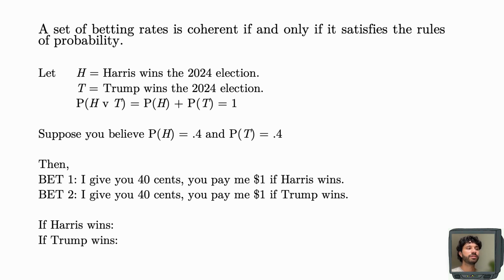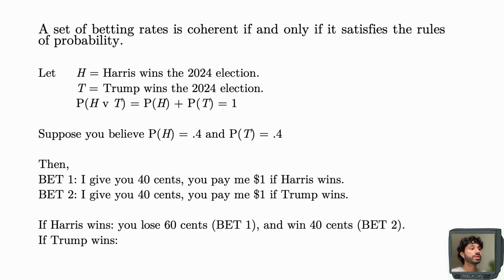So what happens if Harris wins? Well, if Harris wins, you lose 60 cents from the first bet and you win 40 cents from the second bet, right? You lose 60 cents from the first bet. Why? Because I give you 40 cents and you pay me $1 back if Harris wins. And Harris actually won, so you give me the dollar back. So you lose $1, but you gain 40 cents from me buying the bet, so you lose 60 cents.